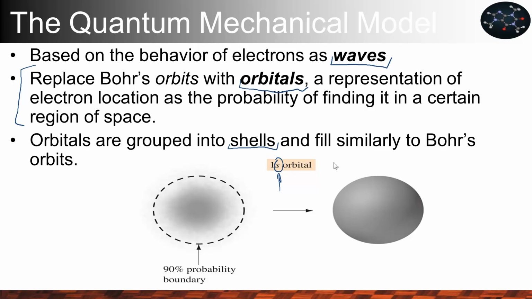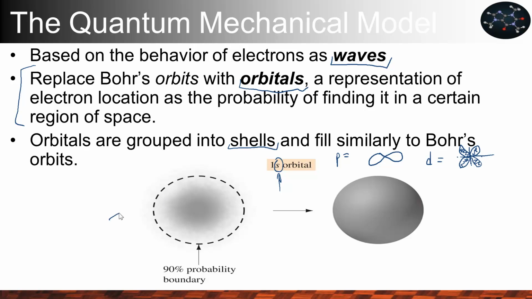S being a spherical shape, P being this kind of lopsided shape, D being kind of a cloverleaf shape, where you can find electrons in these directions, but not in any of these open spaces, and not even in between these. Okay?